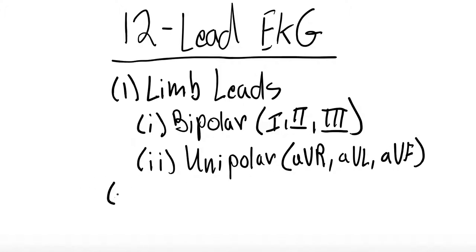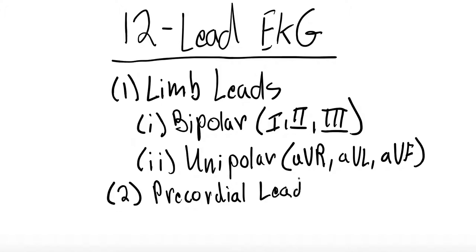And then the second group of 6 is going to be the precordial leads, which are going to be V1 through V6.